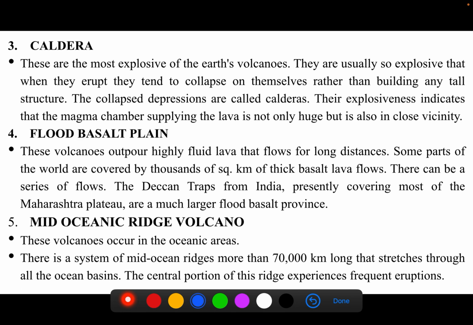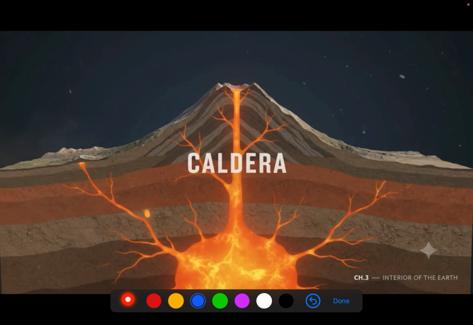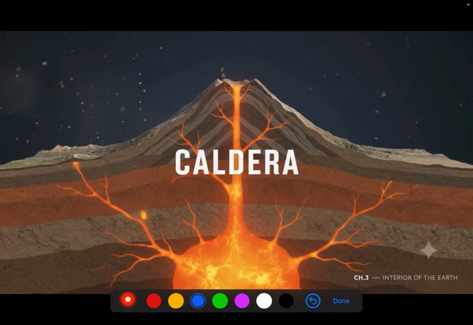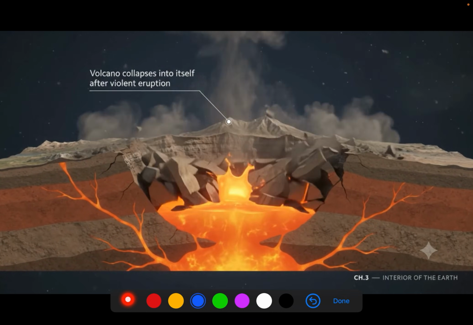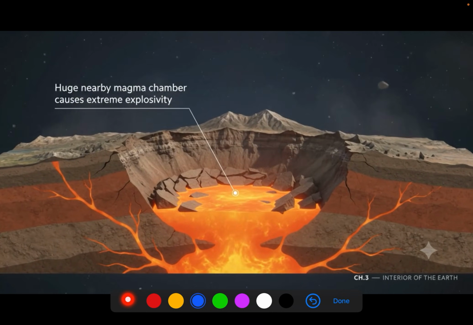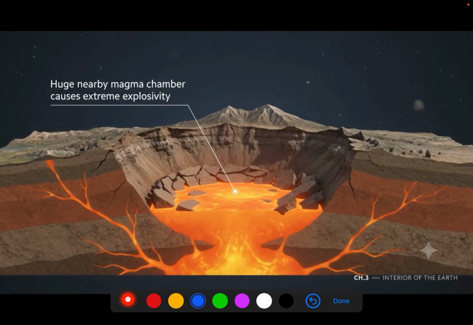The third one is caldera. Right. These are the most explosive of the Earth's volcanoes. Let's see a video to understand what the structure of these calderas is. Right.